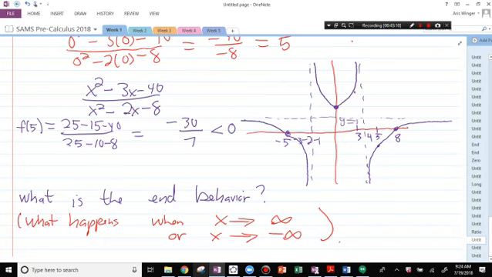You would then look at what happens all the way to the right, all the way to the left. You would then figure out what happens at the asymptotes by picking values close on the left and the right to determine whether it's positive or negative infinity, and then piece that all together to draw a graph like this. I wanted to do this once for you together, and there might be a few in the homework, but it's all of that stuff together.